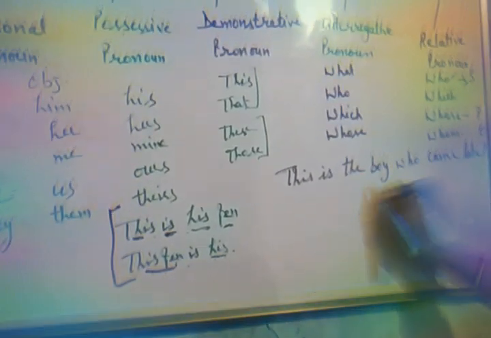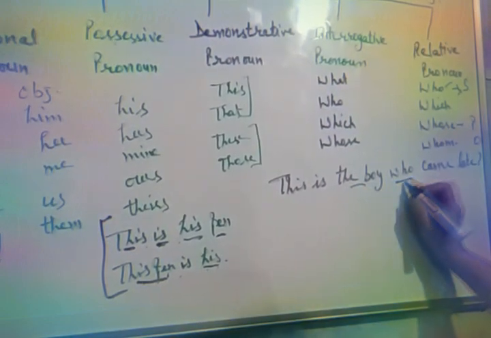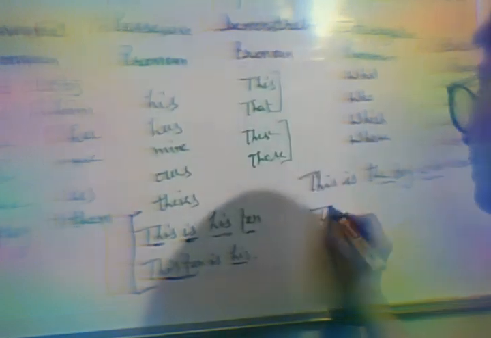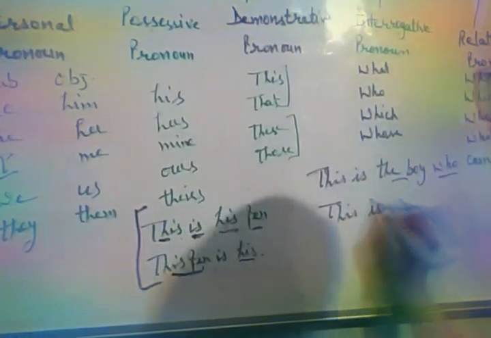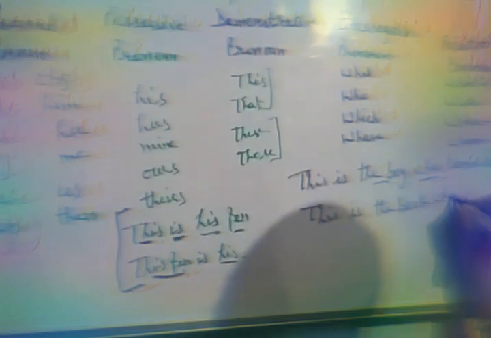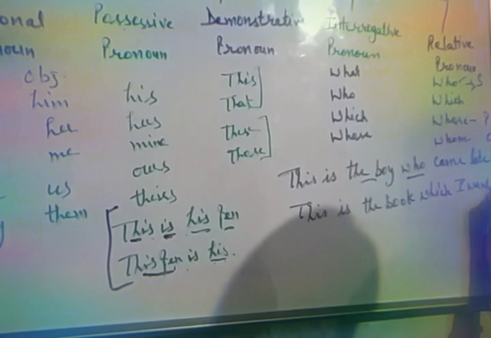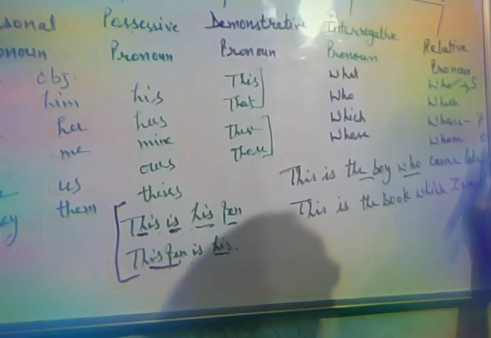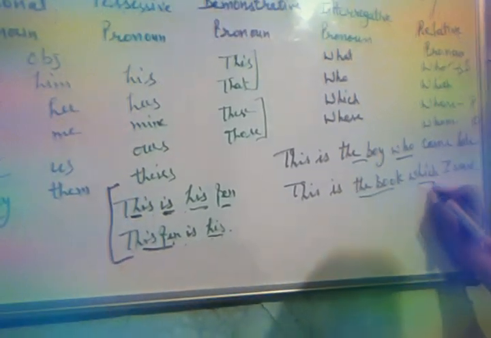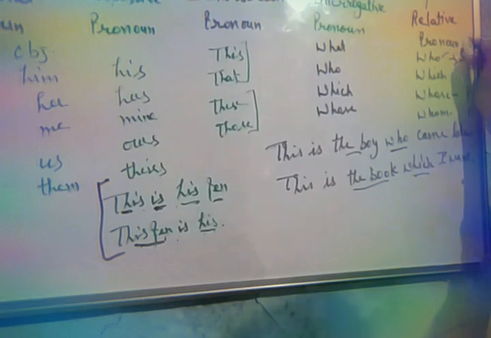Boy is the subject, so the subjective case is who, and who is used as a relative pronoun. Okay, this is the book which I want. So I am relating, I am not asking a question. In this sentence, which is used as a relative pronoun.